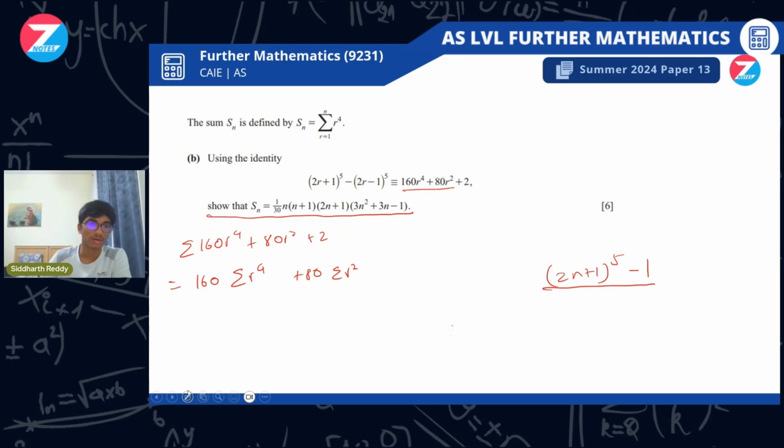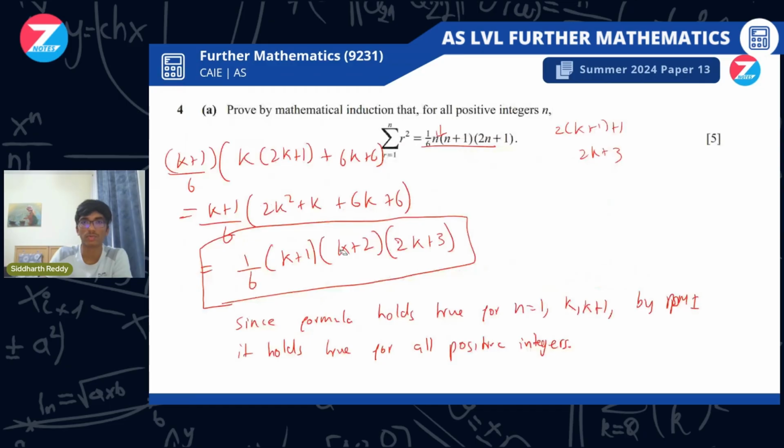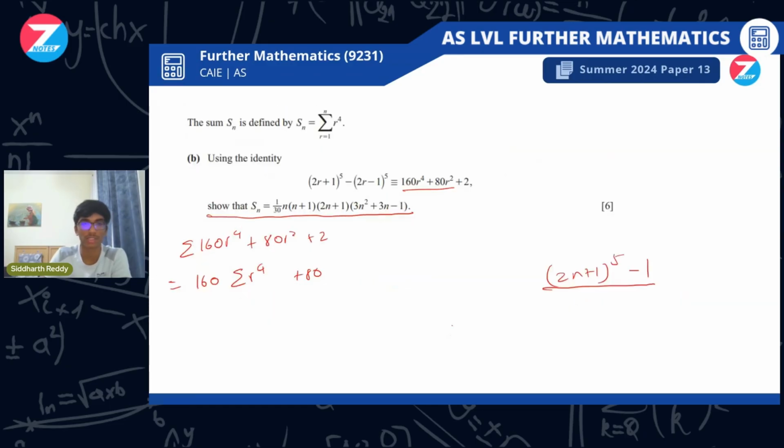And we already know from the previous part that the sum of r squared is equal to n into n plus 1 into 2n plus 1 by 6. So this just becomes n(n+1)(2n+1)/6. And we have the sum of 2 from r equal to 1 to n, which is just 2n.